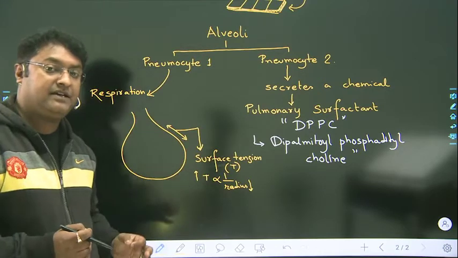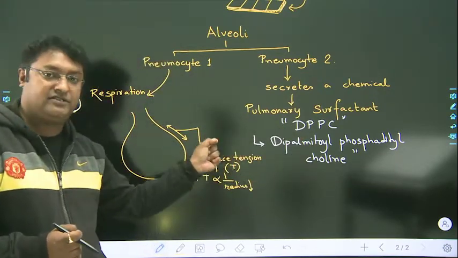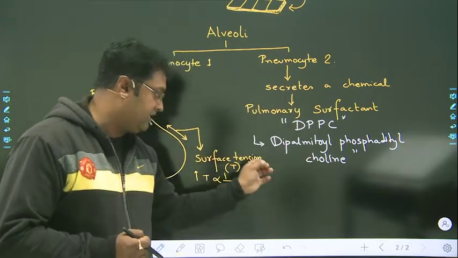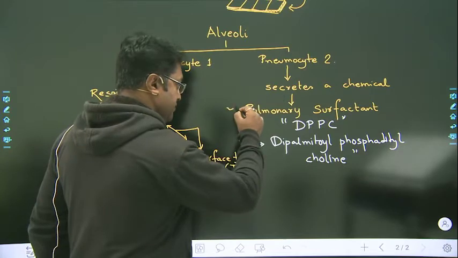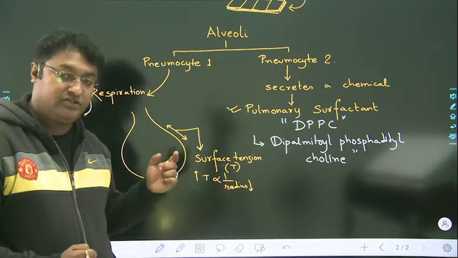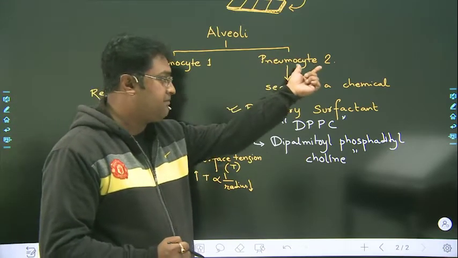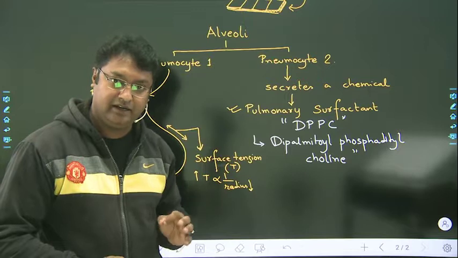So which chemical is necessary for controlling or reducing the surface tension? That chemical is known as the pulmonary surfactant, which is released from the type 2 pneumocytes which are in the alveoli. Clear?